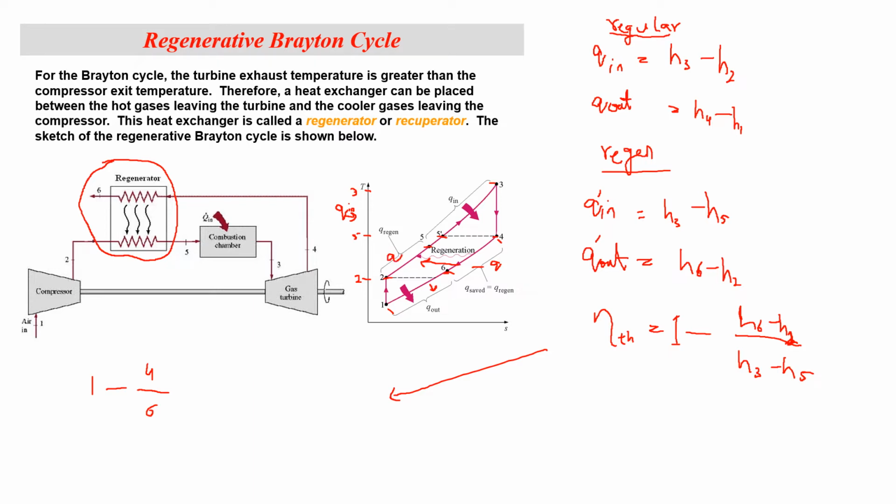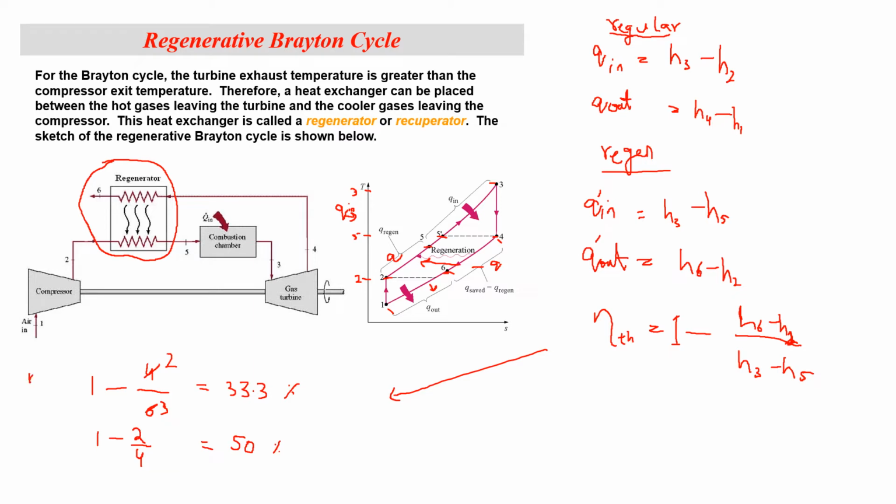So let's say we were able to utilize 2 units of energy. Let's solve this. It is 1 minus 4 over 6, which is 1 minus 2 by 3. 2 by 3 is about 66.7%, so this will be 33.3%. But if we were able to reduce 2 units of energy from both sides, it becomes 1 minus 2 over 4, which will be 50%.